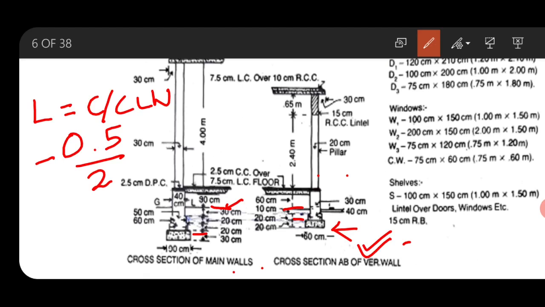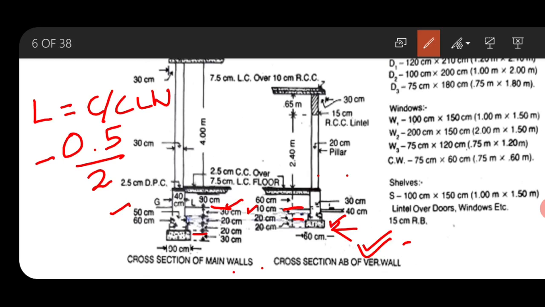As this second footing, that is 50 centimeter, is present at a depth of 30 centimeter below the ground level, which is at the same level of the cement concrete work of the 20 centimeter wall.